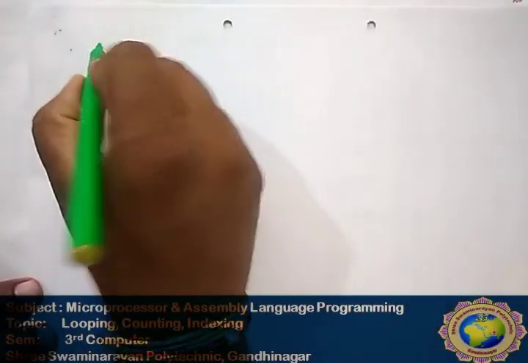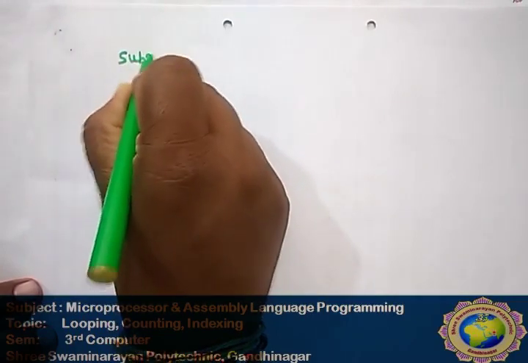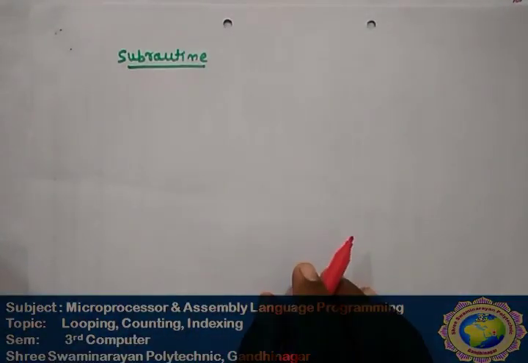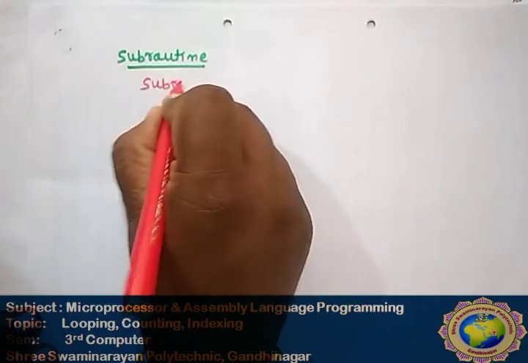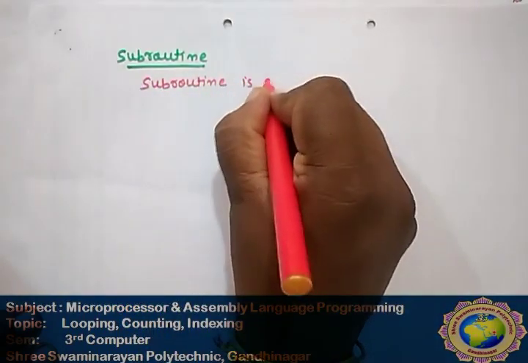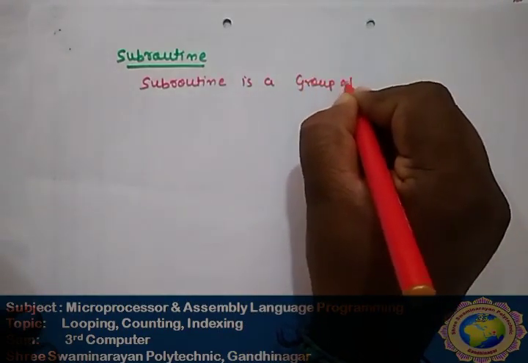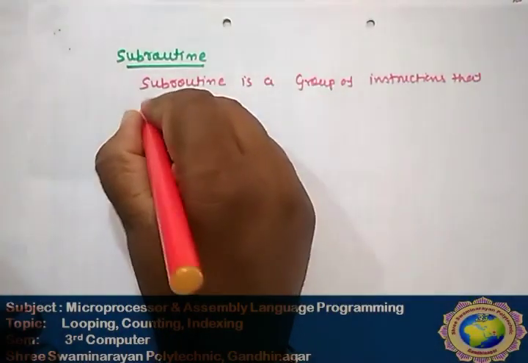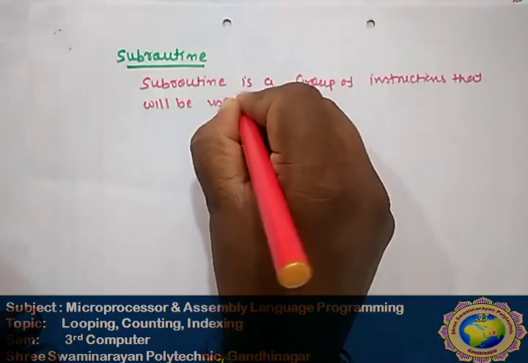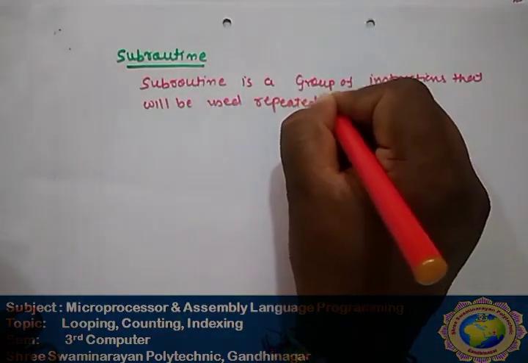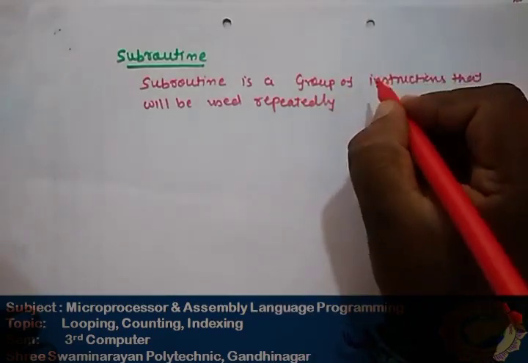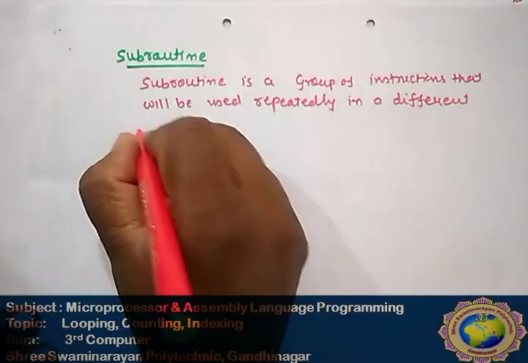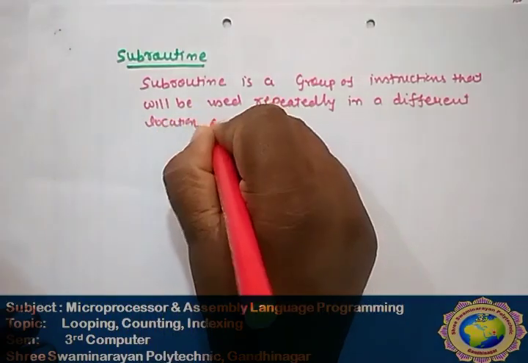What is subroutine? Subroutine is a group of instructions that will be used repeatedly in a different location of the large program.